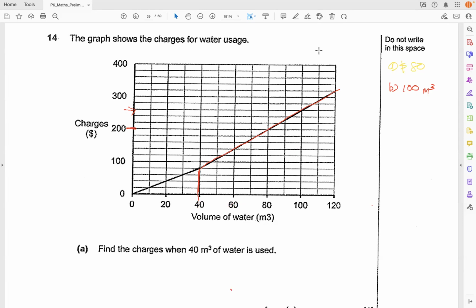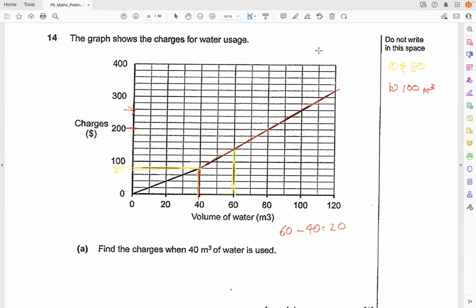From 40 to 60, how much water has been used? 60 minus 40, so 20 meter cube of water used. So how much has the cost increased? From 40 the cost is here, which is 80, right?